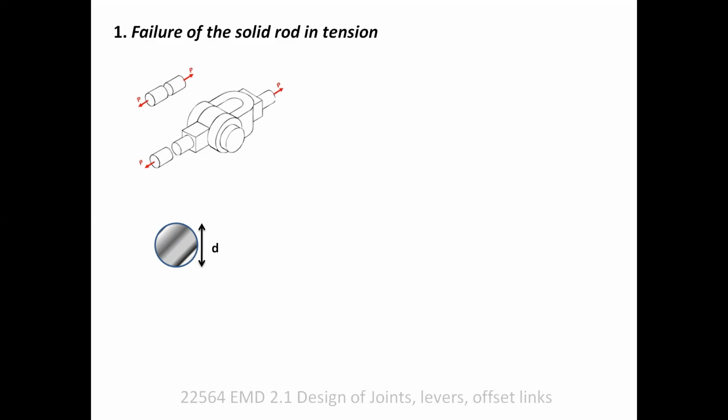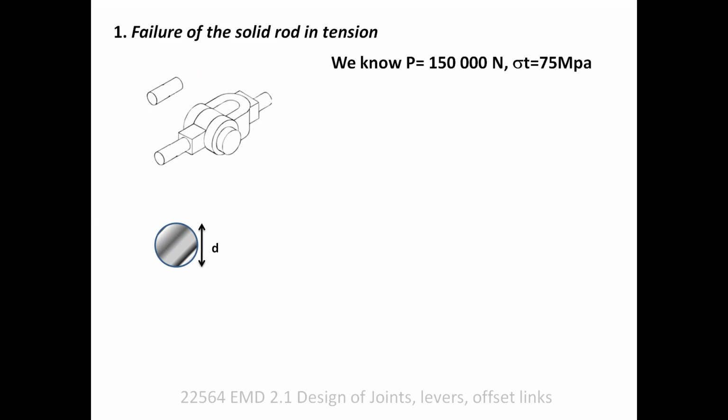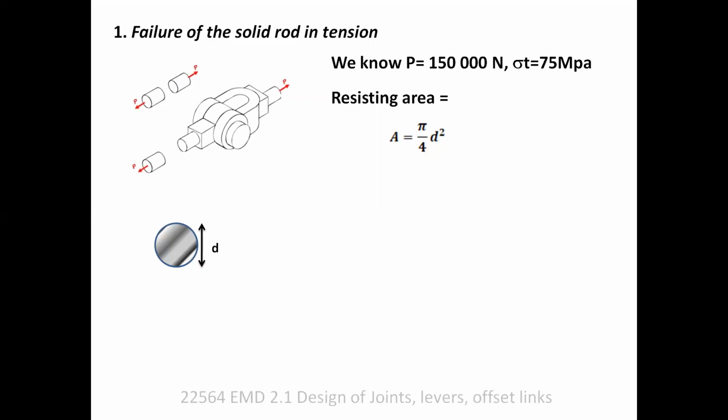So we know that there is a force P of 150 kilonewtons, so 150,000 newtons, and tensile stress sigma T equal to 75 megapascal. Then obviously the resisting area A is equal to pi by 4 d square. That is the cross section area of that rod.